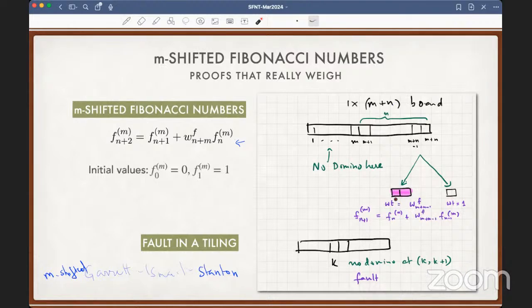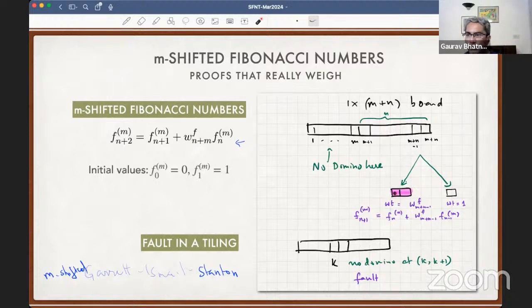But Gaurav, aren't the m-shifted numbers just the original ones shifted? No, they're a little bit different. If you think of orthogonal polynomials and three-term recurrence relations, they start at some later point.